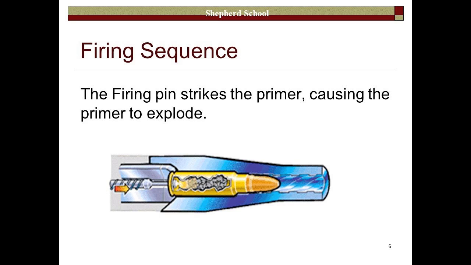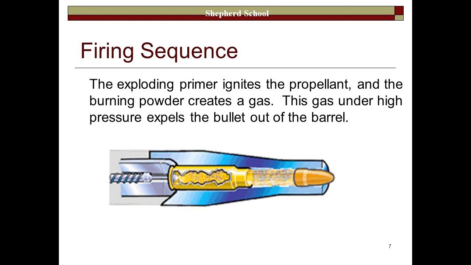The primer contains a little tiny explosive charge, and that explodes, sending fire into the propellant. The exploding primer then ignites the propellant, and that burning gunpowder will create a gas. Modern smokeless gunpowder creates an extreme amount of pressure, and this high pressure gas then pushes the bullet out of the barrel.